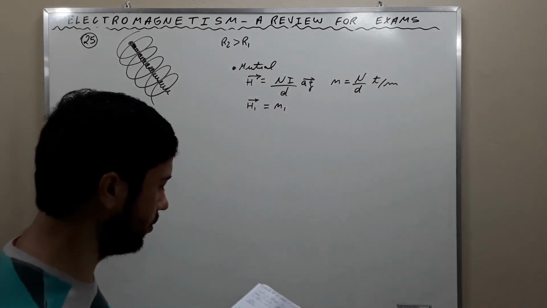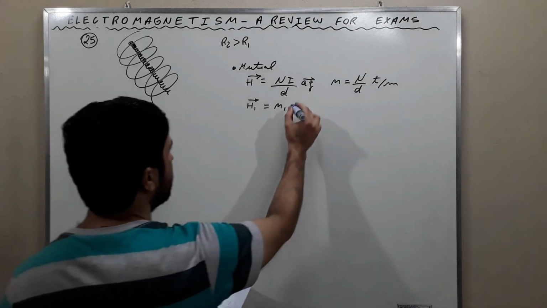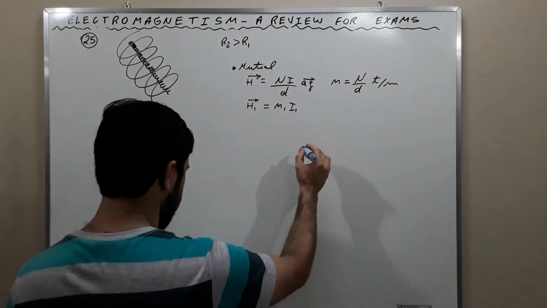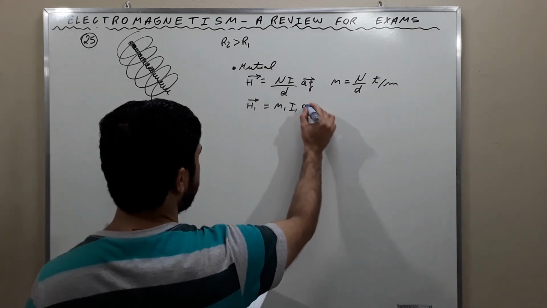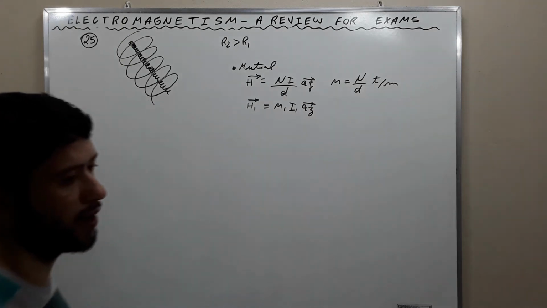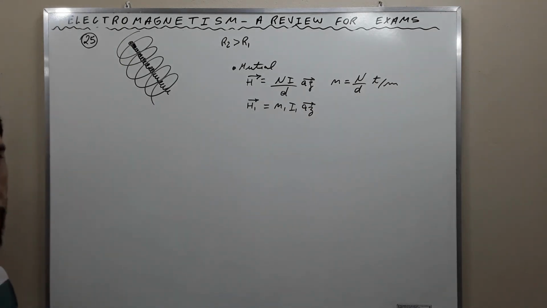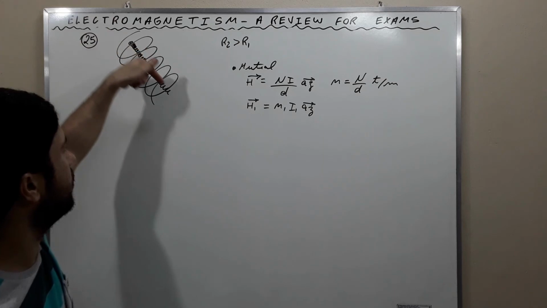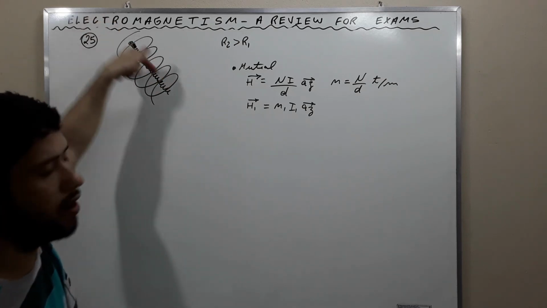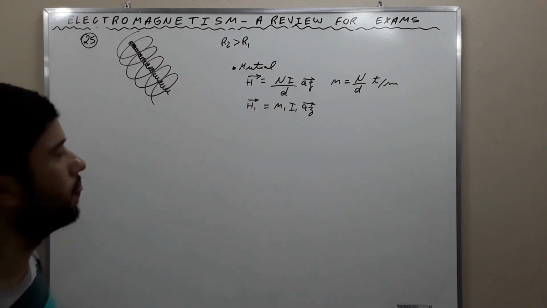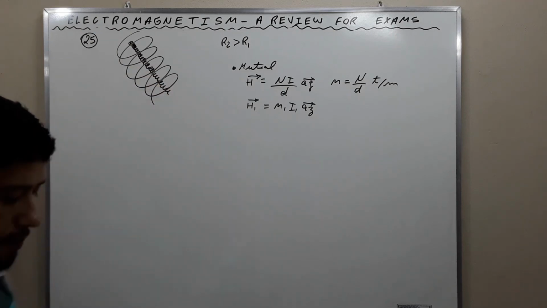The magnetic field can be written as B1 = μ0 n1 I1 in the az direction. Here, the az direction is the direction along the axis, very much inside of the solenoids.